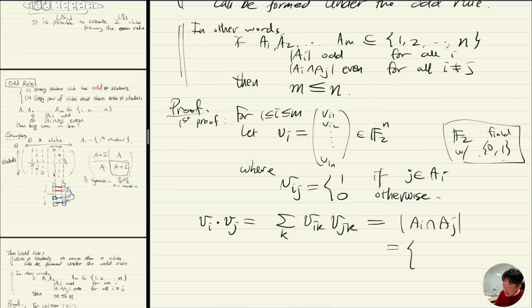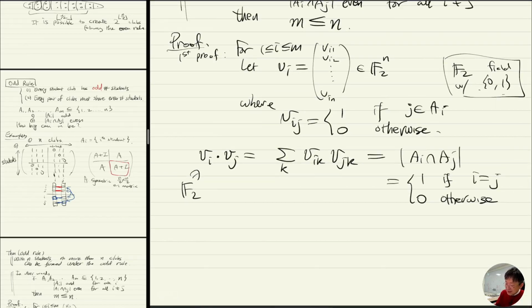I'm doing all the computation modulo 2. If i is equal to j, then Ai intersection Aj is the size of Ai, which is odd, so it's 1, and otherwise it's 0.